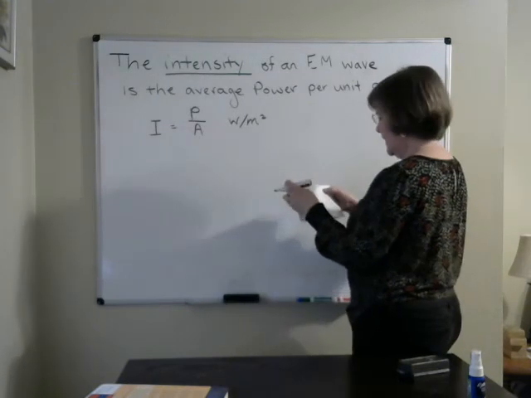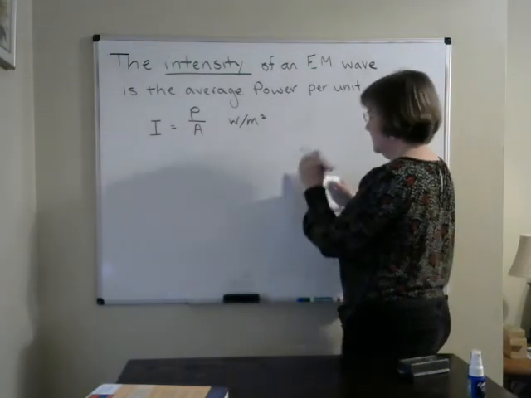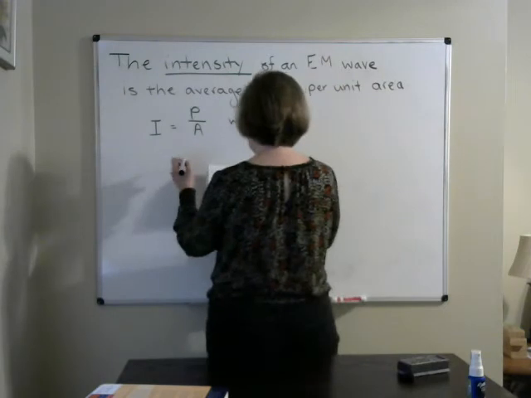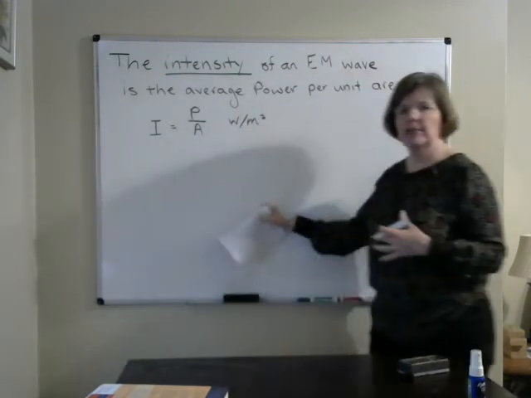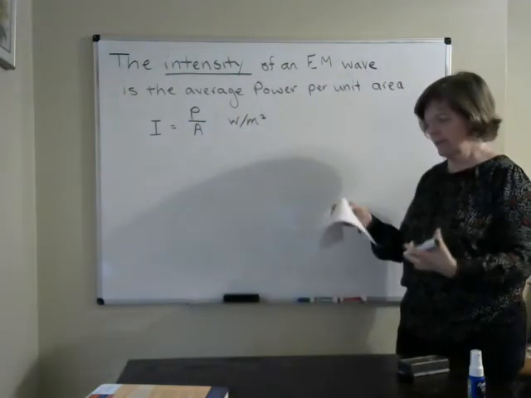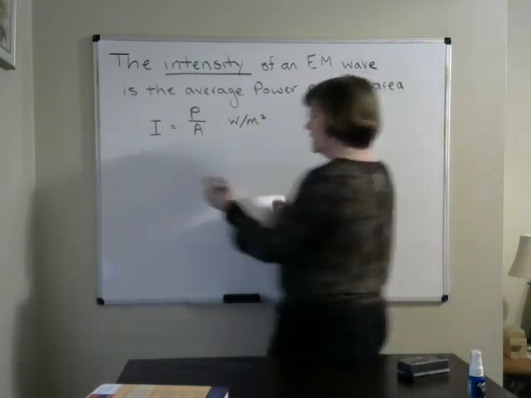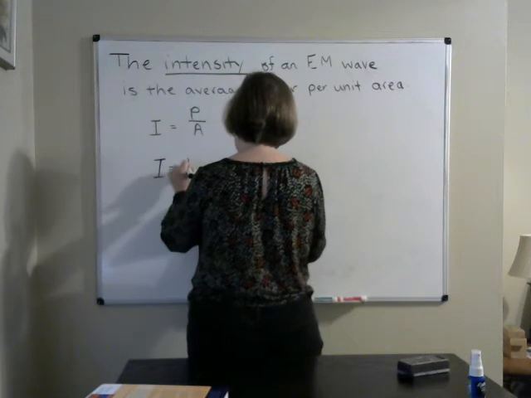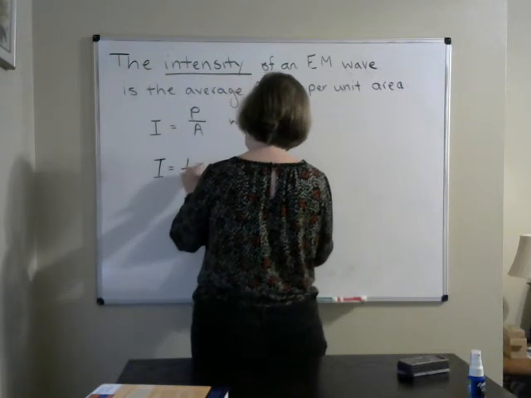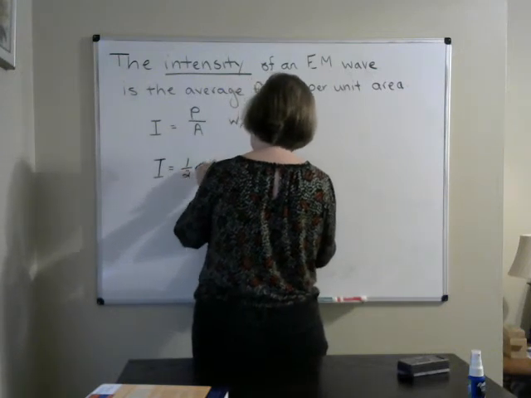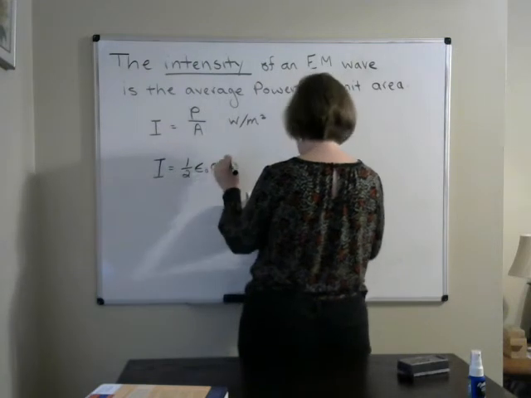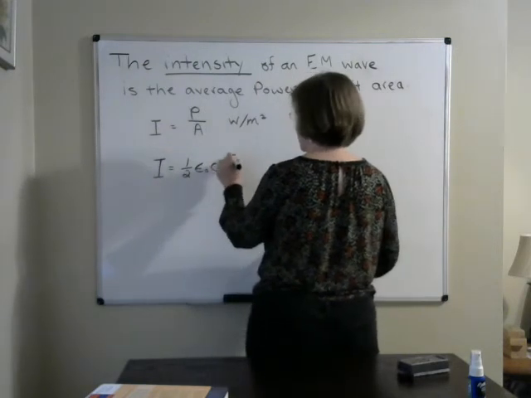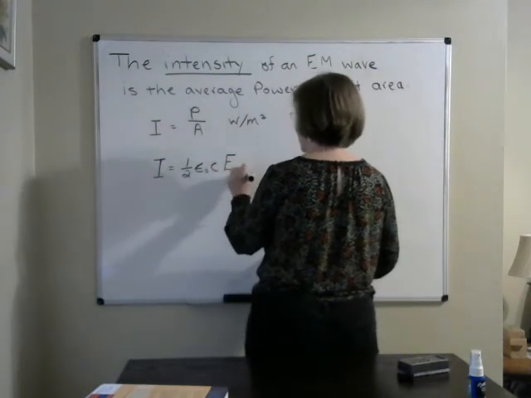Again, if we substitute in some of what we know as descriptions for power, the book does all of the derivation. I don't want to spend that much video time just doing algebra. We get a formula that looks like this. I is equal to 1/2 epsilon naught C times E max squared. So that's the maximum amplitude squared.